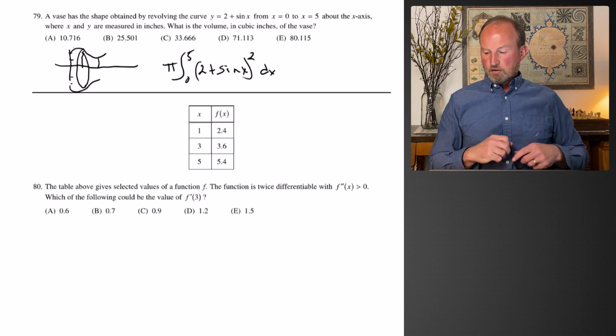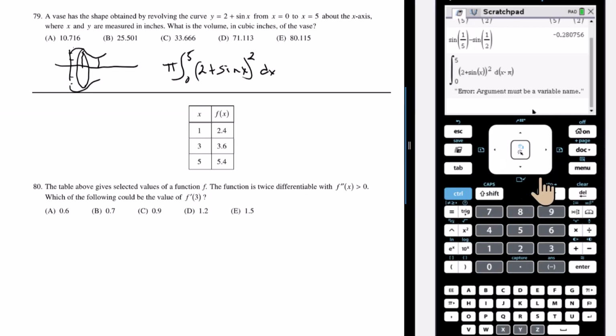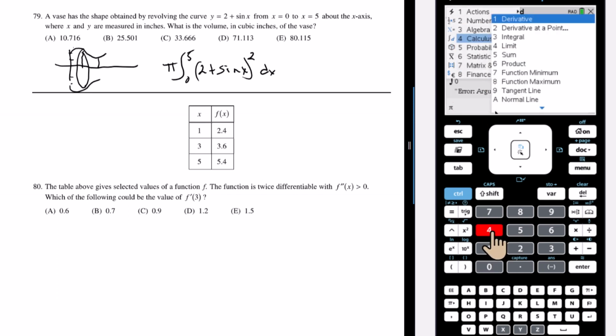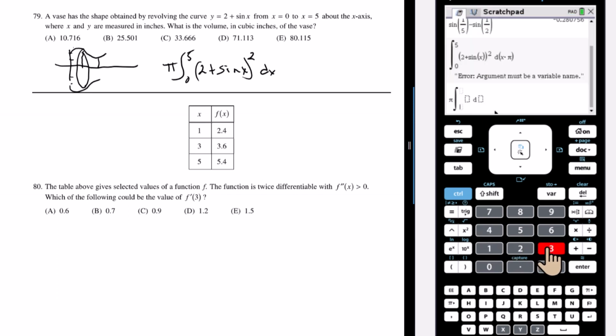Okay, let's grab our calculator and do a quick calculation. I'm going to go pi. Several ways I can get to the integral button. I'm just going to use the calculus feature, option 3.